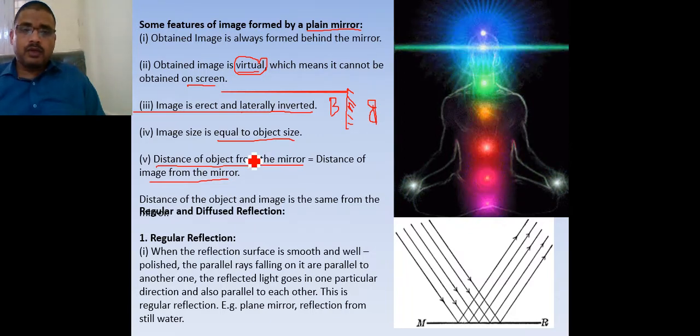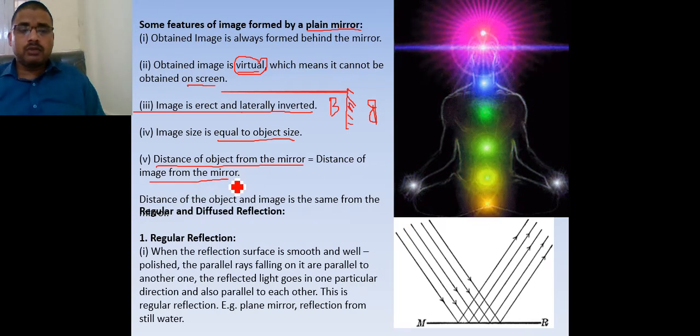Here you can also see the size of the image of the object is equal to the size of the object. The distance of the object from the mirror is equal to the distance of the image from the mirror.